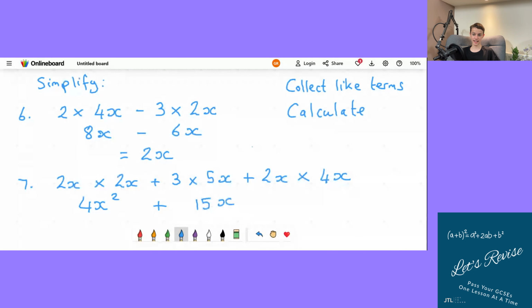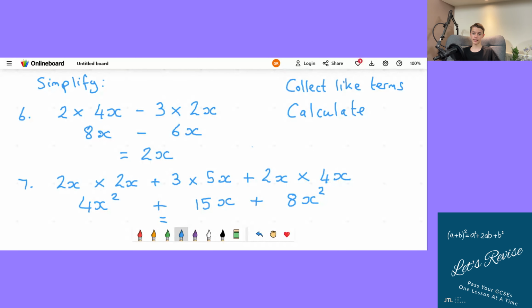So it's 15x, not an x squared because there is no x. So it's 15x, then another plus, and then we have 2x times 4x, 8x squared. Make sure it's an x squared because it is an x times an x. Well, 2 times 4, 8x squared.